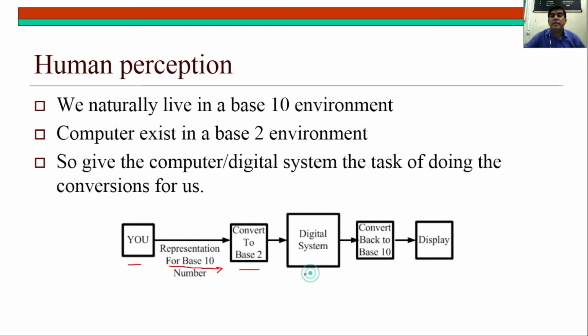Inside there is operation. After the work is done, the data is converted back to a code which we can see on the display. Like when I press 5 on the calculator keyboard, I also get 5 here, which is a decimal number, whereas inside everything is binary. So this number 5 must be converted to a code.